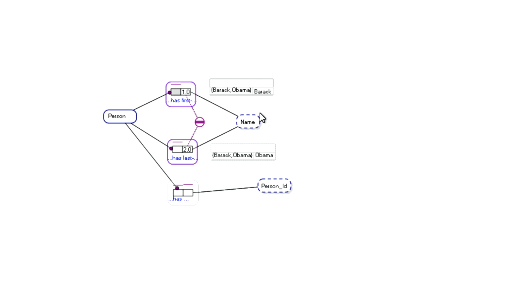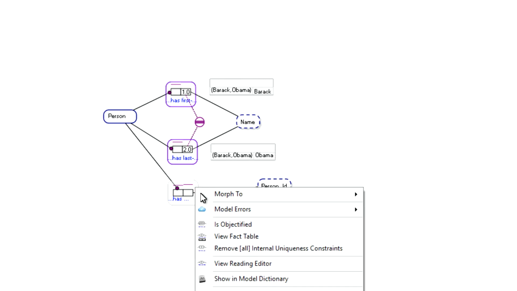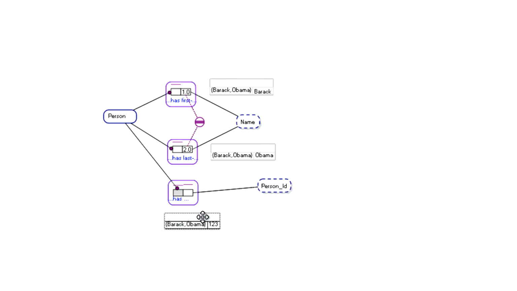So Barack Obama has first name Barack, Barack Obama has last name Obama, and if we have a look at the fact table for person has person ID, we can see Barack Obama has person ID 123.